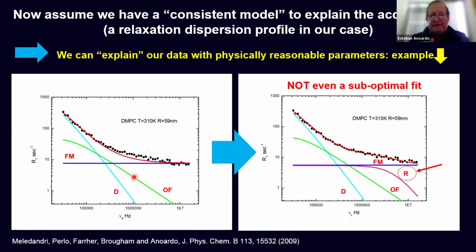And then we have diffusion of the lipids in the membrane, which is also something that has been observed with many different techniques. And finally, we know that there are some fast motions that are internal, intramolecular motions, and we include those motions that are not dispersive in the time scale which we are looking at this system.